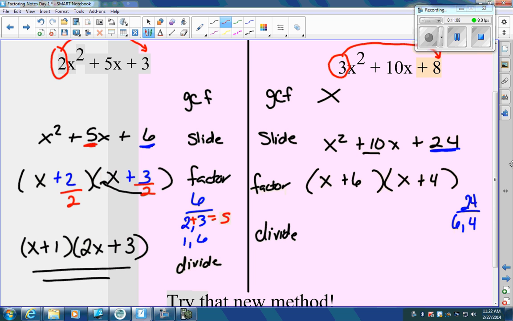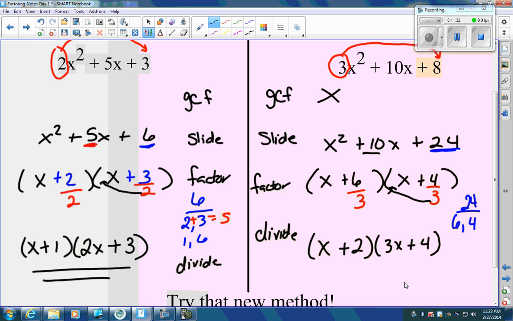What number did I slide in the beginning? The 3. So now divide each one of these things by 3. What is 6 divided by 3? 2. Now, does 4 divide by 3 work evenly? Nope. So you're going to put that 3 in front of that x. So I have 3x plus 4.